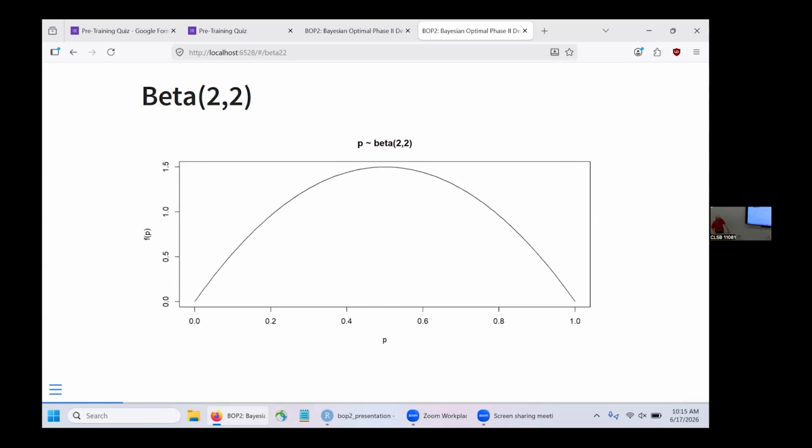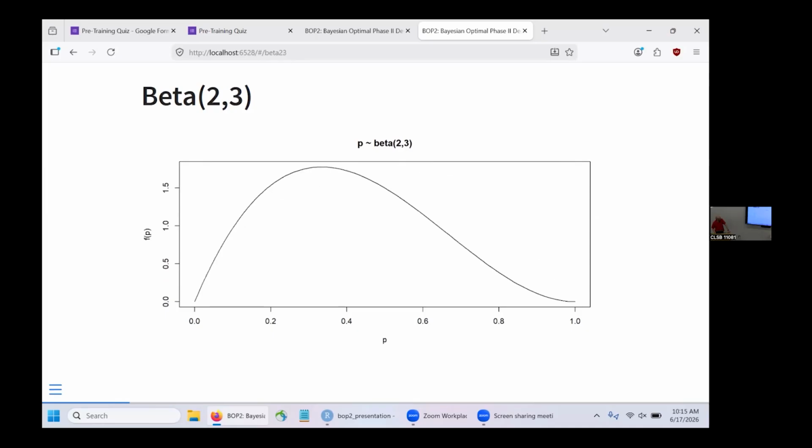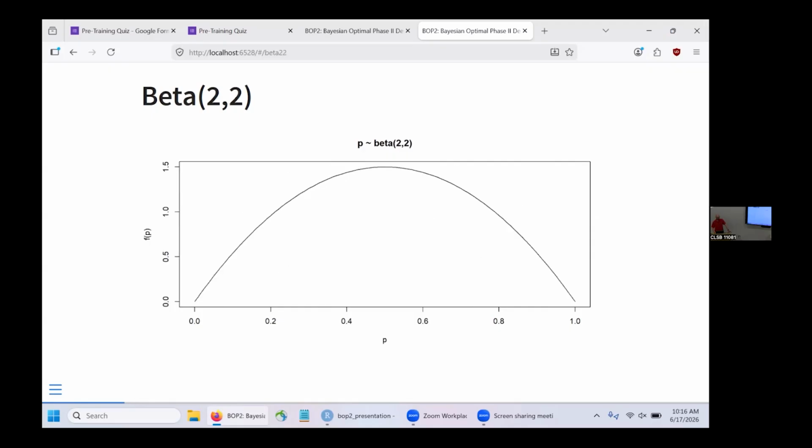Here's a beta 2,2. Beta 2,3. If the parameters are not identical to each other, then we get asymmetry. And then beta 3,2, asymmetry in the other direction. So just to give you some idea of different versions of the beta.